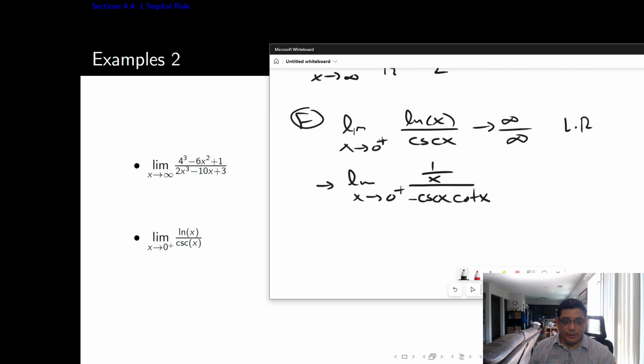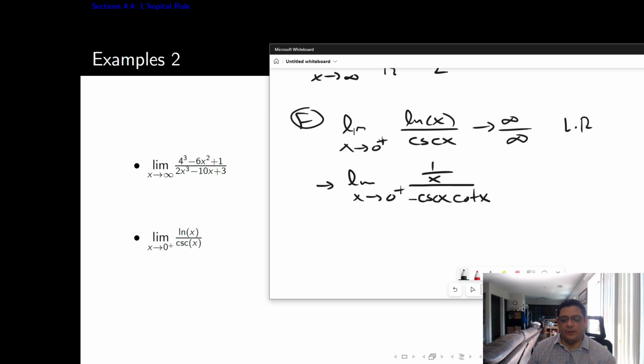And now at this point, notice that this will be 1 over x over this. So there's a couple things that I can do. If I continue taking derivatives, notice that I'm going to get minus 1 over x squared. So this is still going to be a big limit. It's going to go to infinity if I continue this way. And this also will take me to infinity.